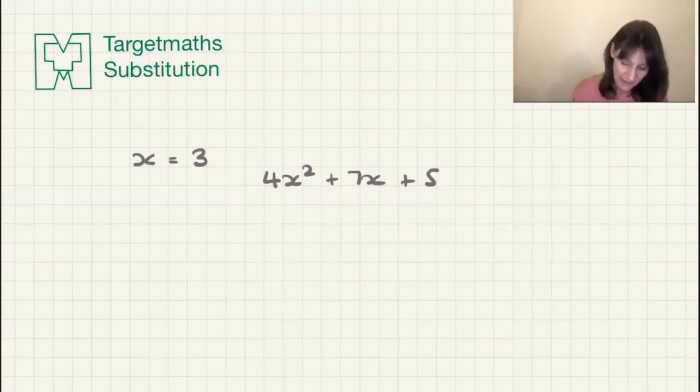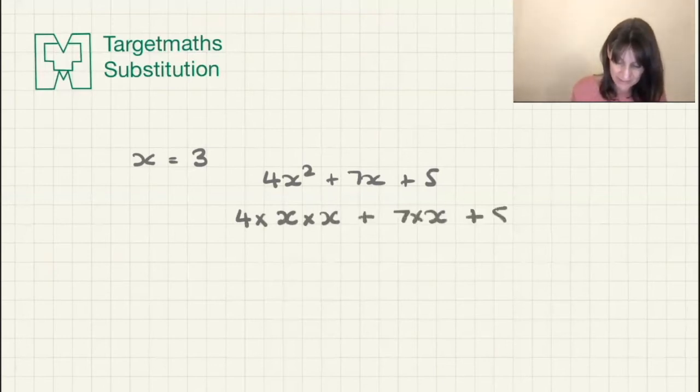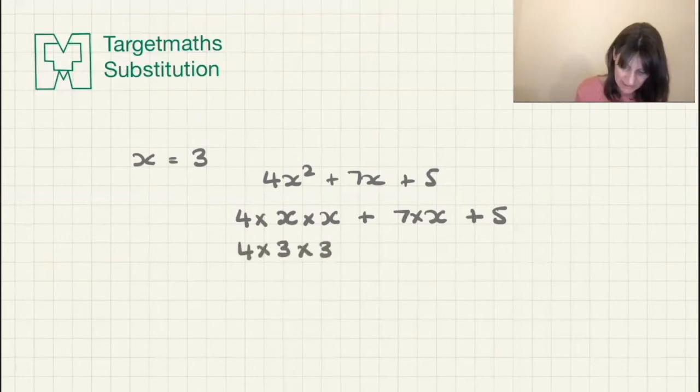Okay, I am looking at 4 times x times x. That's a lot happening there. Plus 7 times x plus 5. Right, let's get the numbers in. I'm doing 4 times 3 times 3 plus 7 times 3 plus 5.